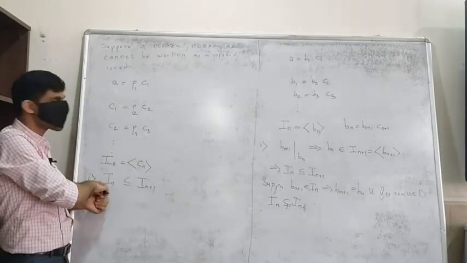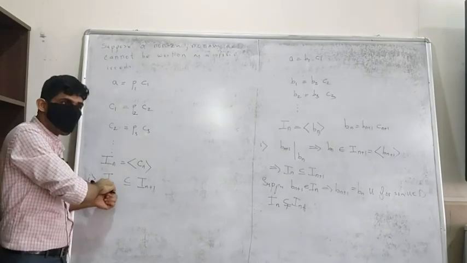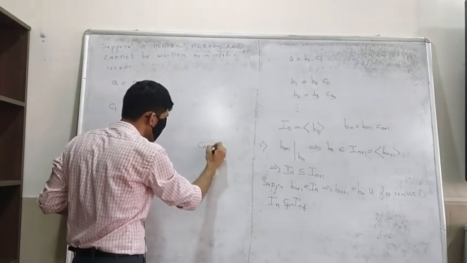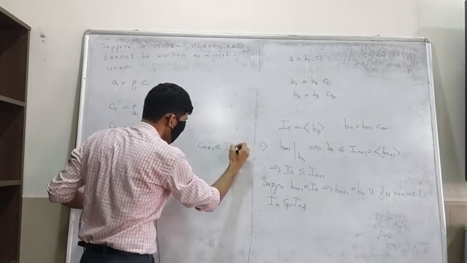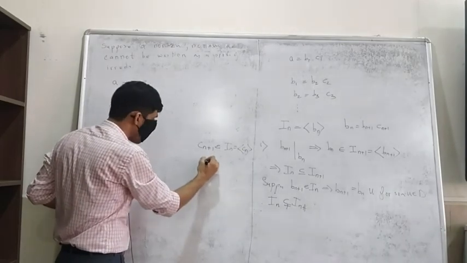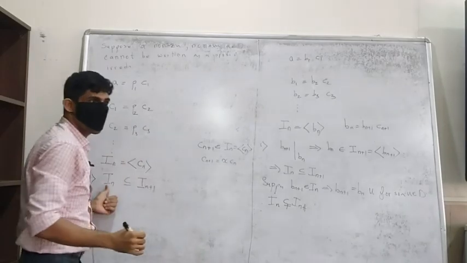Why is Cn plus 1 not here? We can again use a similar argument. If Cn plus 1 was in In, what would it mean? It will mean that you can write Cn plus 1 as some x times Cn.